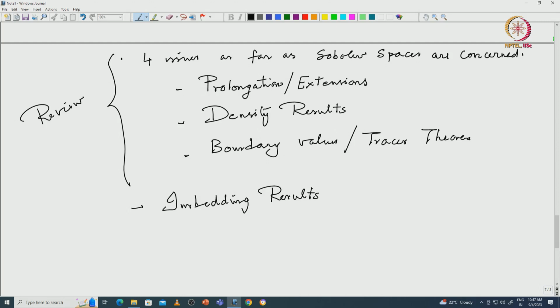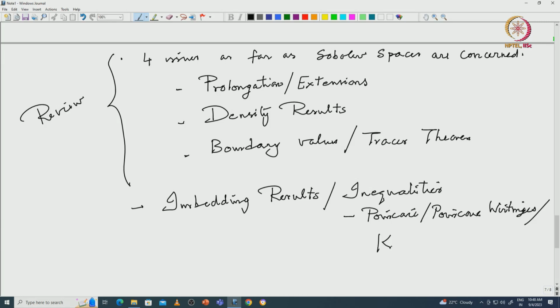We will discuss it together with some of the important inequalities, like Poincare, Poincare-Wirtinger, and maybe, if we get the time, Korn's inequality, which is important for the elasticity system.